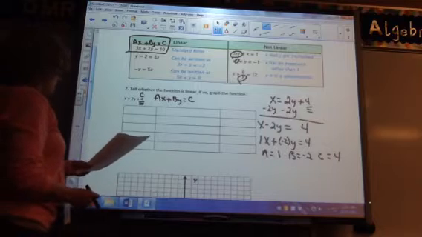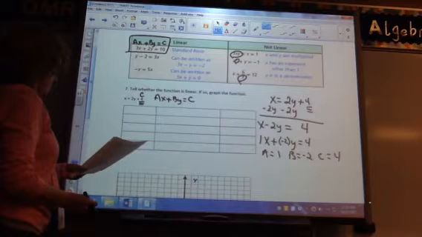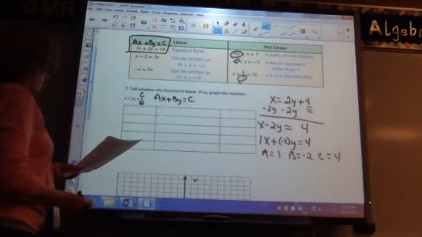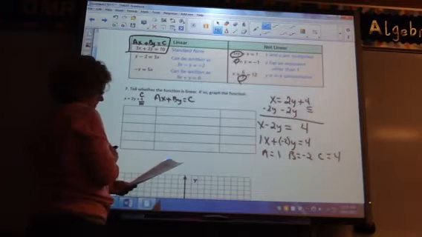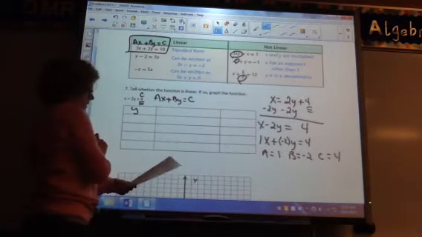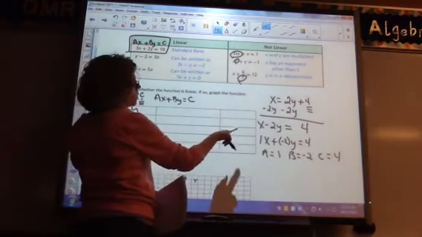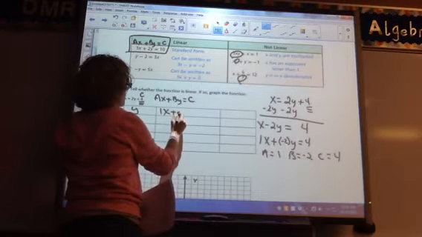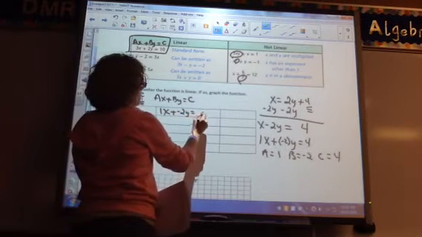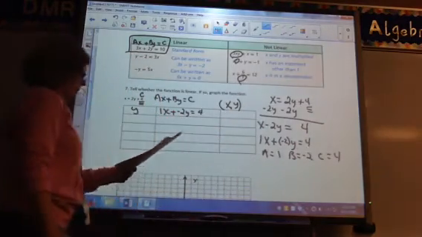Alrighty, so let's see here. So if we have our y, and then we have our, let's see, where's our equation? Our equation is 1x plus negative 2y equals 4. And then right here we need our ordered pair, okay?